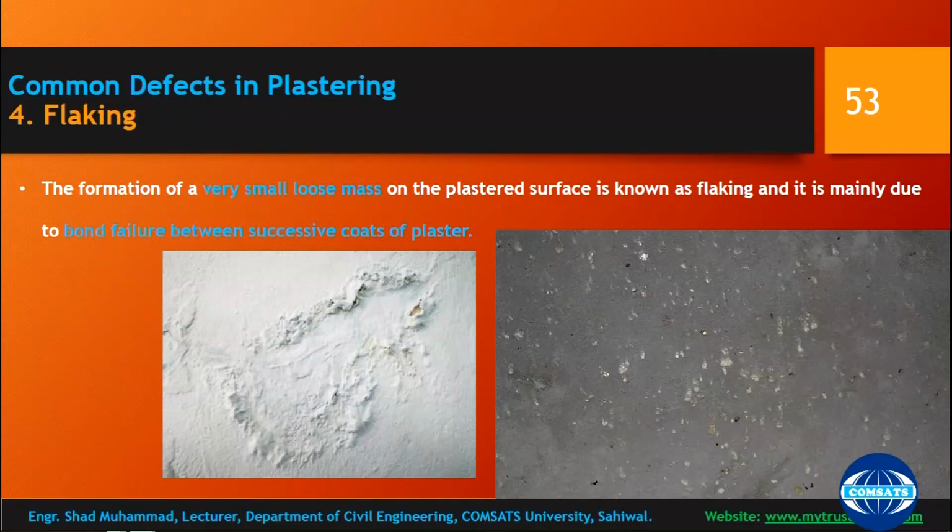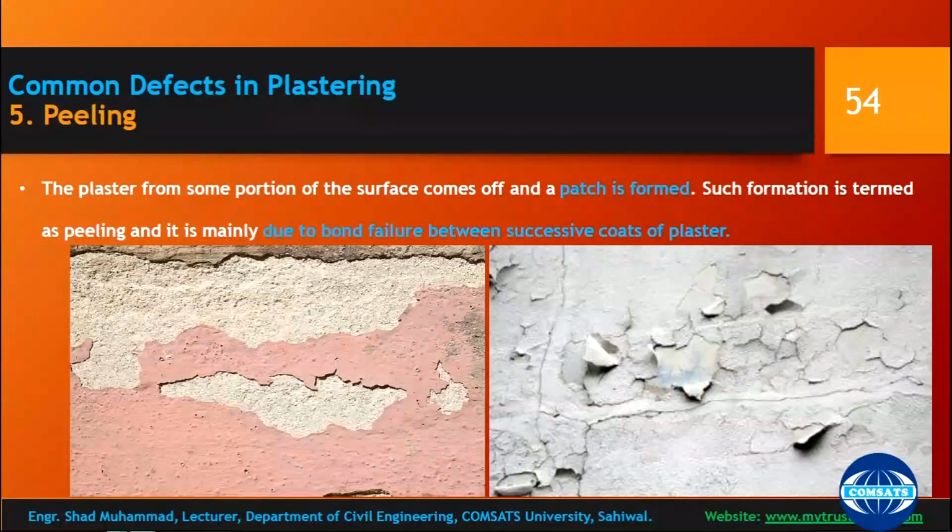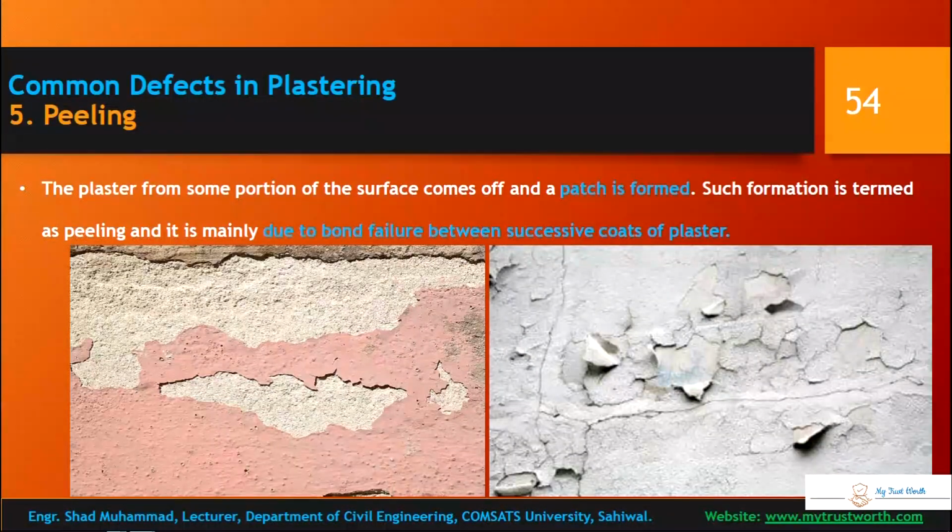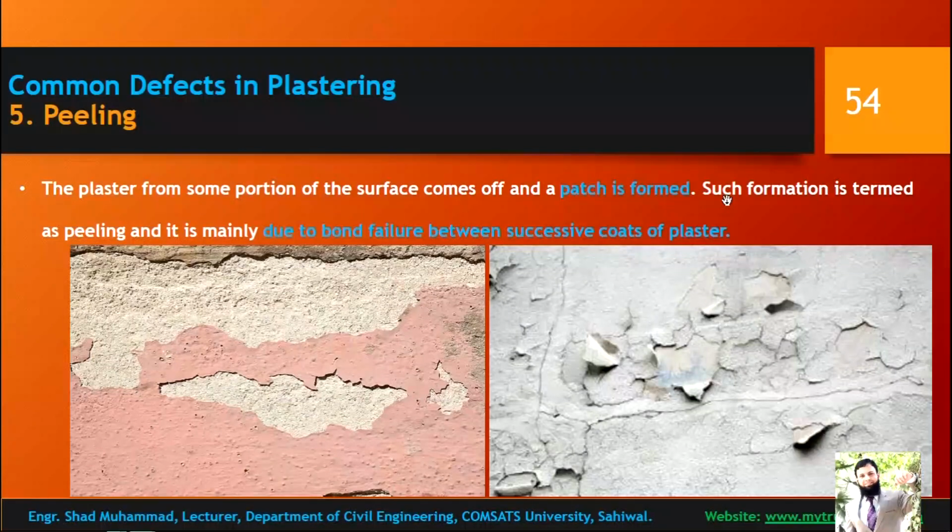Peeling means that when you remove some layer from any substance, it's called peeling. In plastering, some portion of the surface comes off, and a patch is formed. Such formation is termed peeling, and it is mainly due to bond failure between successive coats of the plaster.